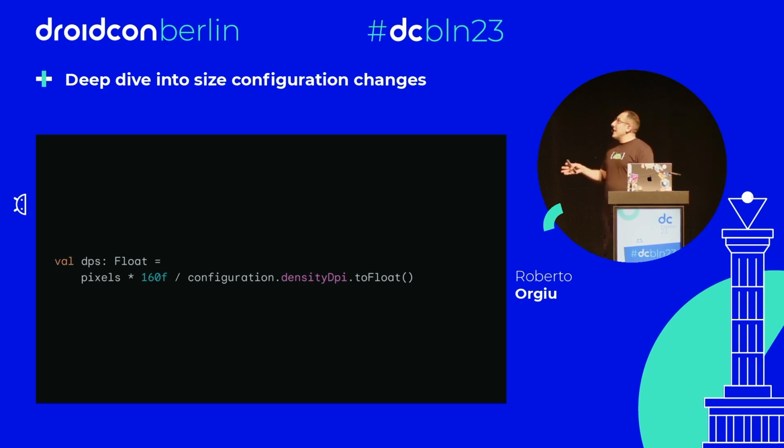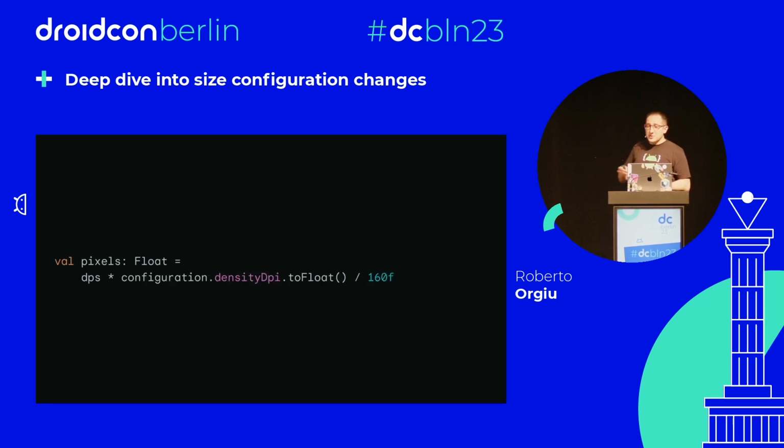So in this case, a pixel would be 1 dp. So that's the easiest case. So if you have a density of 320, 1 pixel will be 0.5. If we have a density of 80, it will be 2. OK? So when we run these, there is a chance that we actually have a floating value. But still, all dimensions are integers.